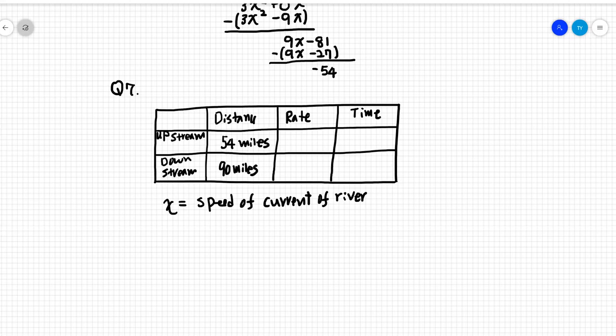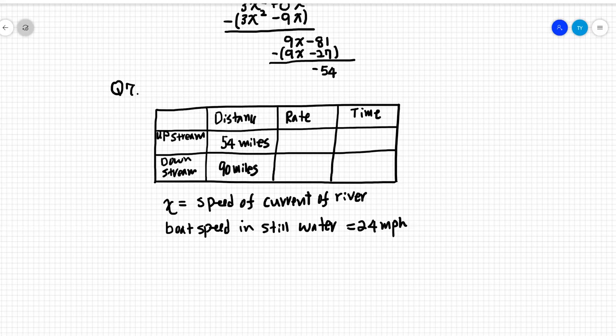But we know that the boat speed in still water without the current is equal to 24 miles per hour. So without any current of the river, the boat speed is going to be 24 miles per hour.